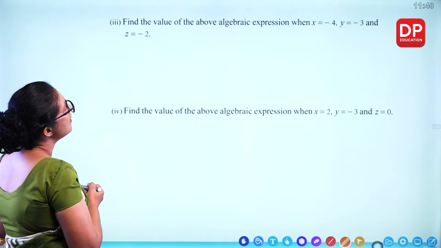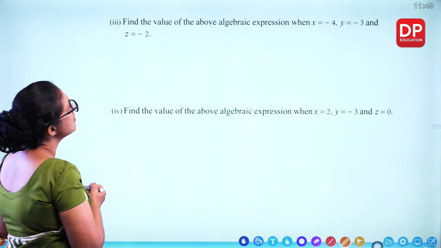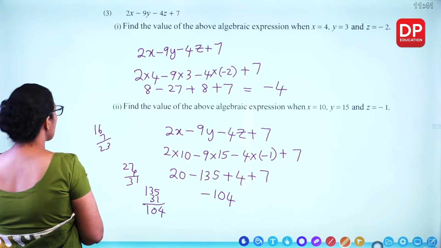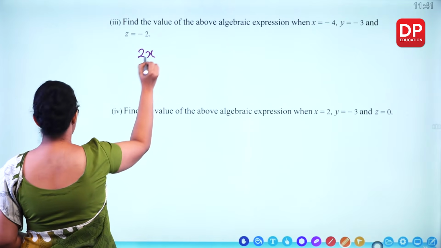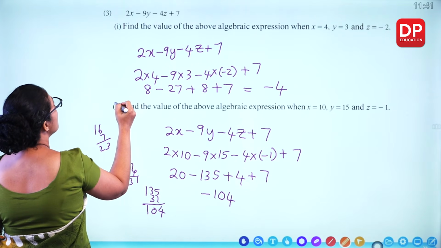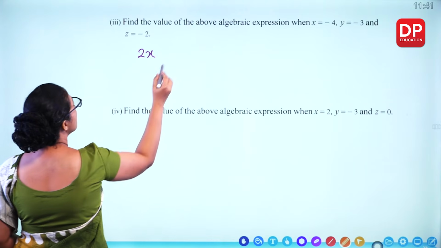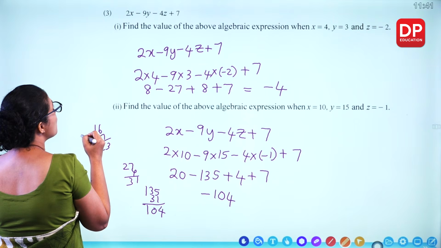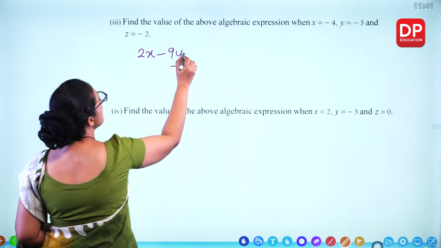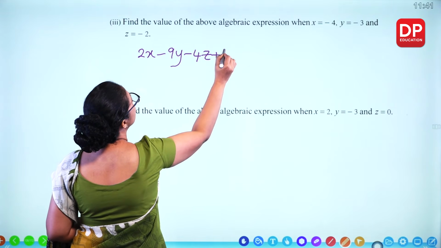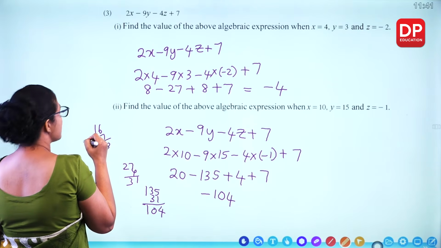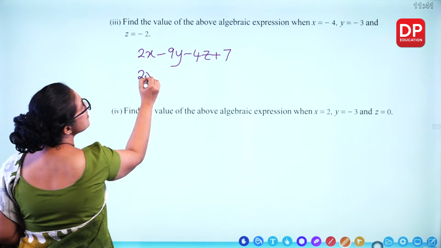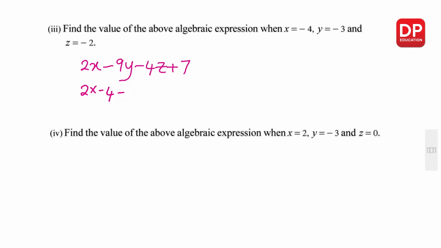Find the value of the above algebraic expression when x is minus 4, y is minus 3, z is minus 2. So what's the algebraic expression? 2x minus 9y minus 4z plus 7. We'll check it again. Substitute 2 times minus 4.